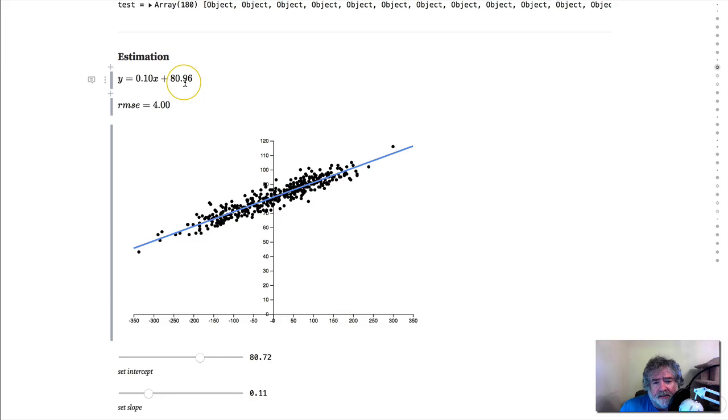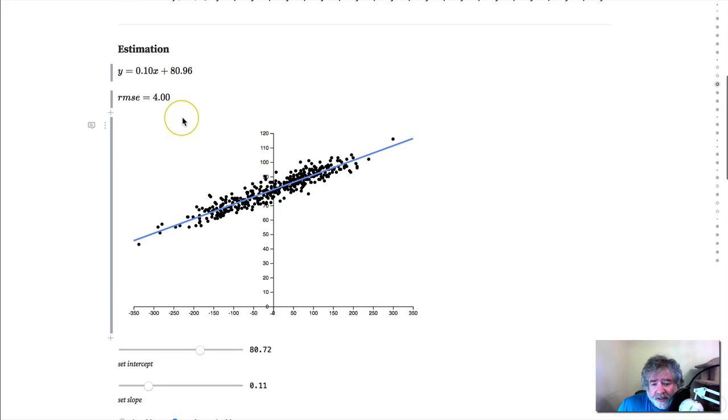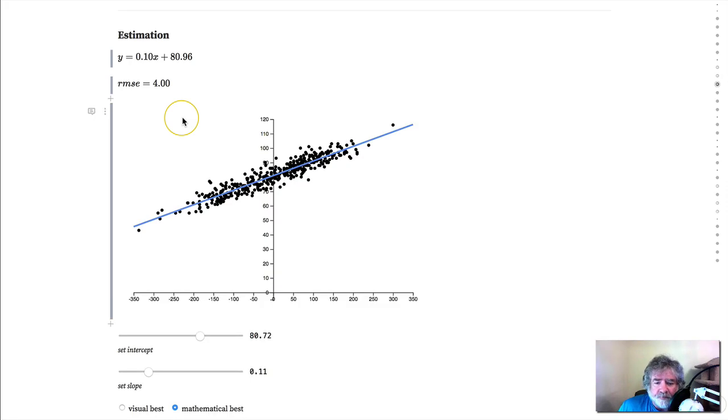It says that you can predict the number of wins just by taking about 81, which is half the season, and then tacking on 10% of the point spread. And you're going to predict the number of wins roughly within 4. So that seems pretty good. This is what we end up with as our estimate, this equation here.